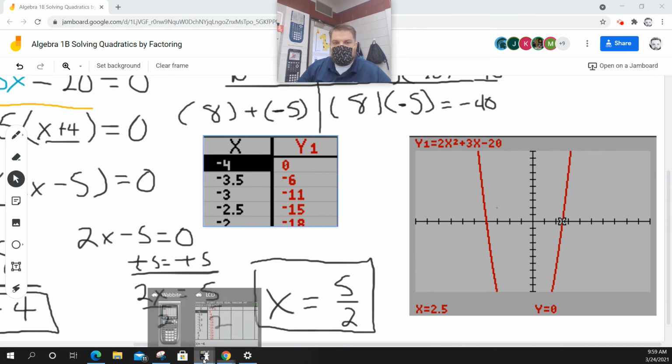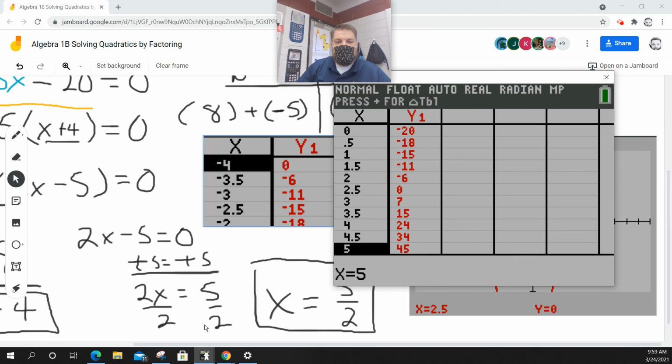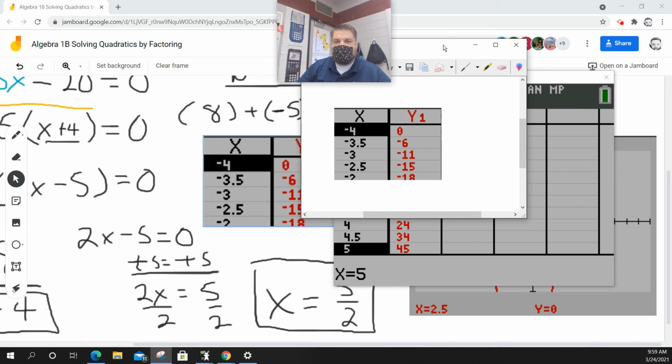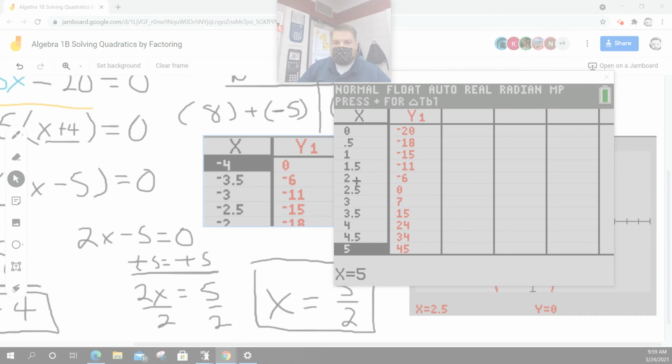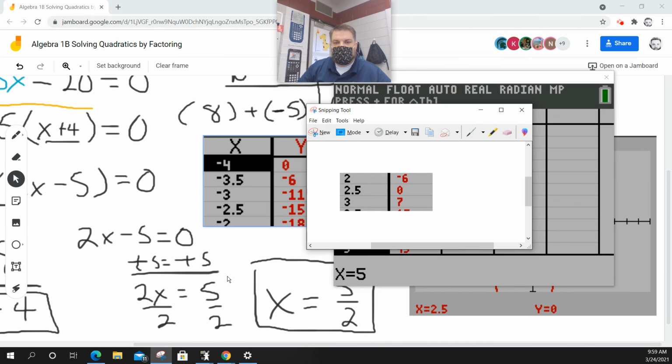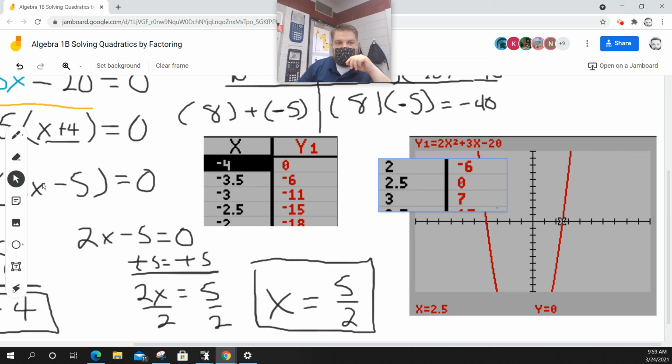And then if I scroll down some more, what was the other number, 2.5? So if I go down to 2.5, I'll see that that is also equal to 0. Yep.